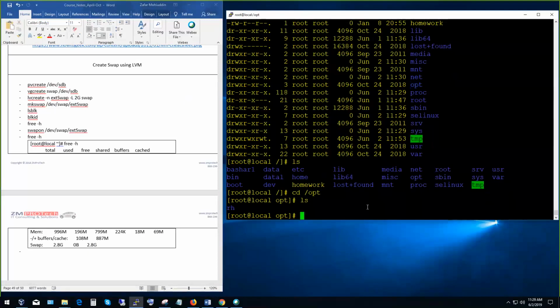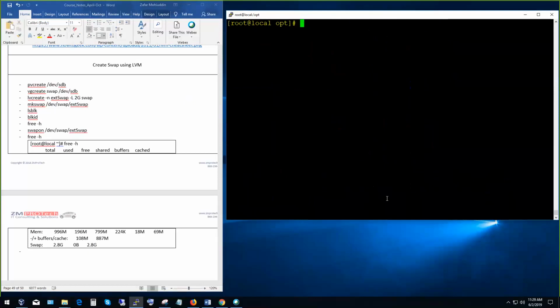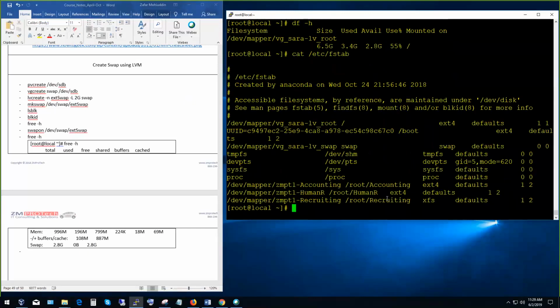Okay, let's do this here. Right now, I did df -h, nothing is mounted, right? But let's go into cat /etc/fstab, and we have so many things mounted in here.